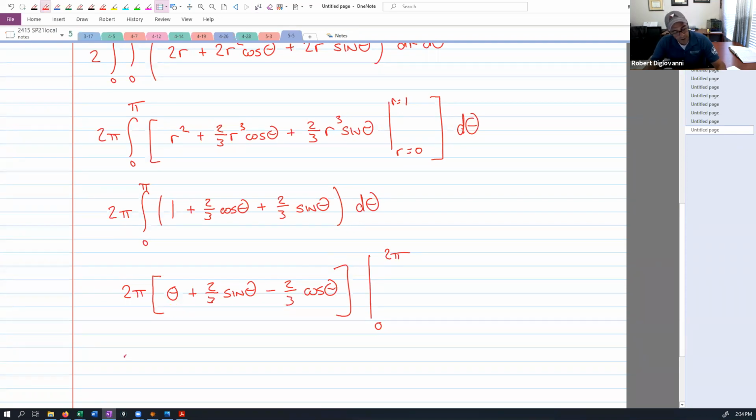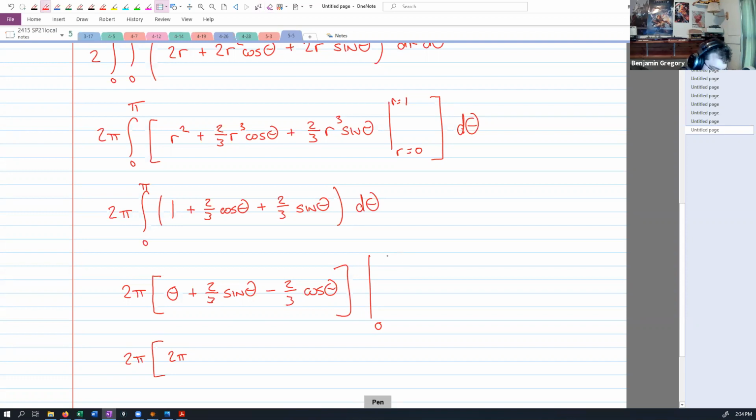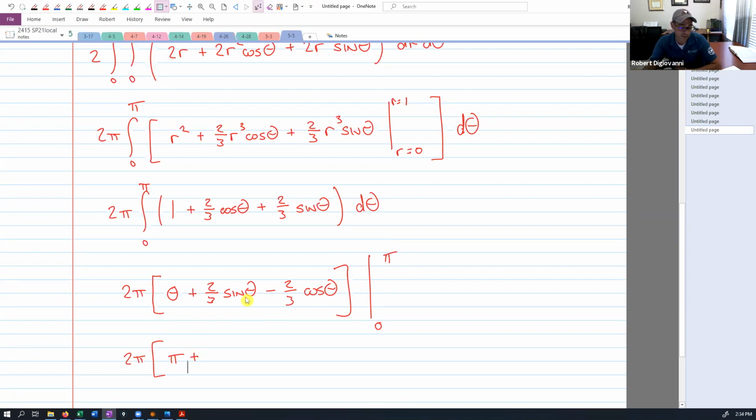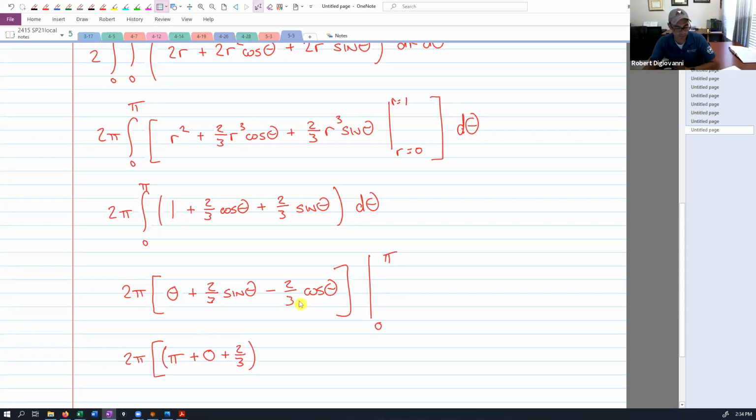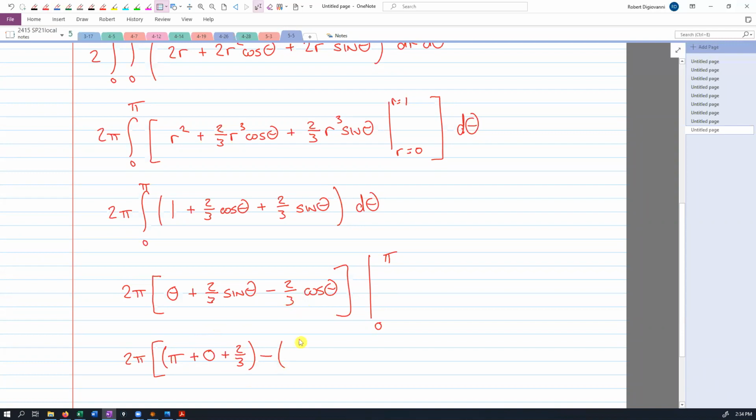When I plug in 2 pi for theta, I get 2 pi. Should just be 1 pi. Pi, yeah, that's pi, thank you. So when I plug in, I get pi here, plus, okay, what's sine of pi? 0. Cosine of pi? Negative 1. So it'll become plus 2/3 there, right? And then I subtract what I get when I plug in 0, which will be 0 here, 0 here.